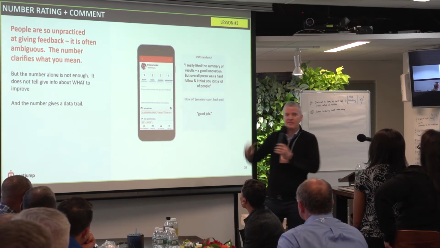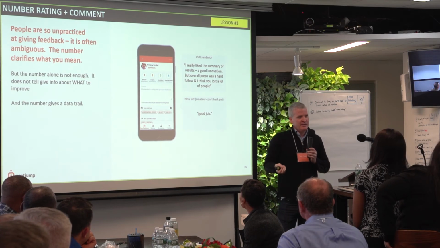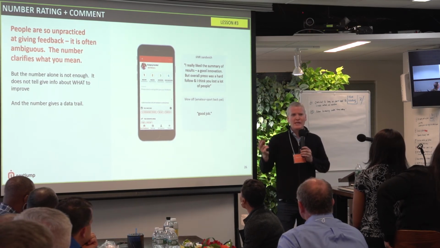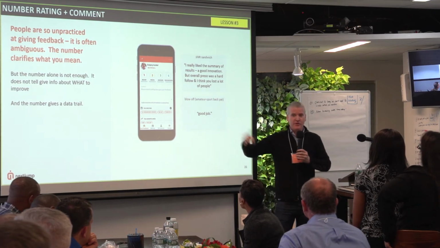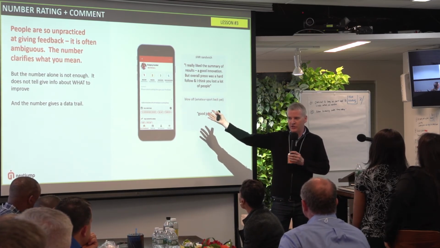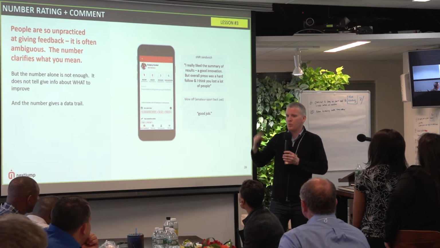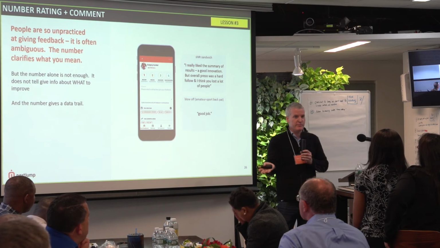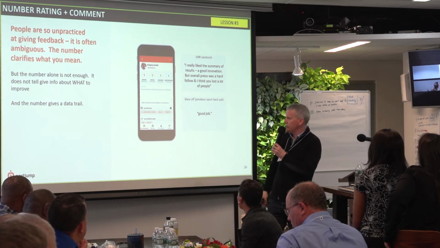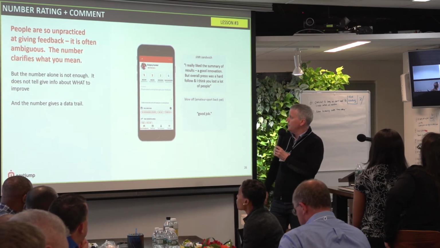And then if that has no number, is that a 1? Is that a 4? Like what is that? And it could be, maybe it was a 4, the best they ever did, but they want to give them some indicator of how to do it better. But once again, the number makes it very clear. This was an improvement or a deprovement, and then you're giving the useful info.